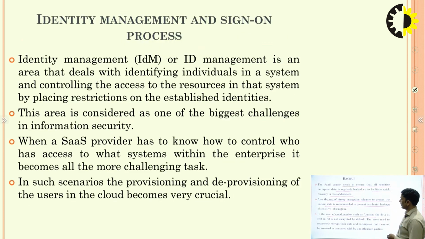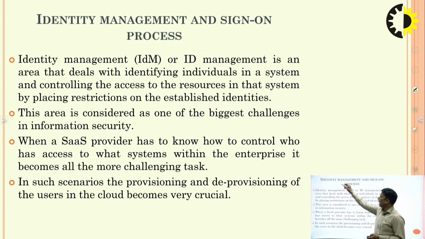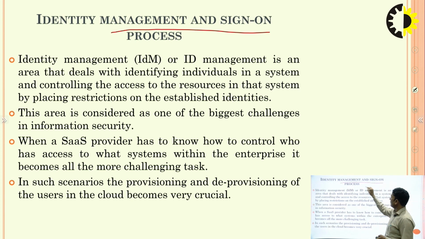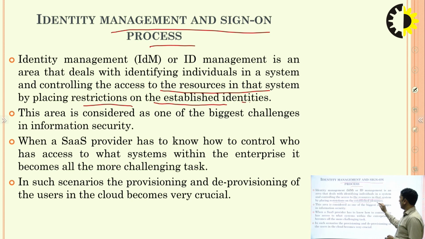Then there is the identity management and sign-on process. Identity management, or ID management, is an area that deals with identifying individuals in the system and controlling access to the resources in that system by placing restrictions on the established identities.